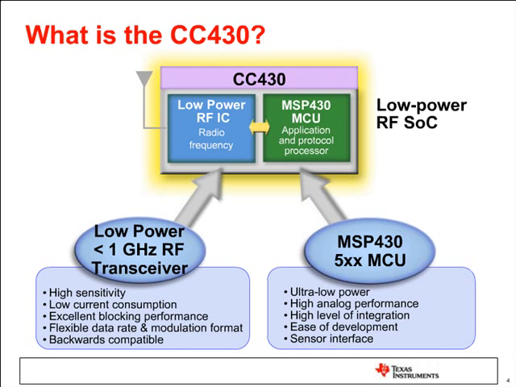The blocking performance, so its performance in a noisy environment, is really good. Very flexible data rate and modulation. It supports frequency modulation and amplitude modulation, with data rates from 1.8 up, I believe, to 500 kilobits per second.